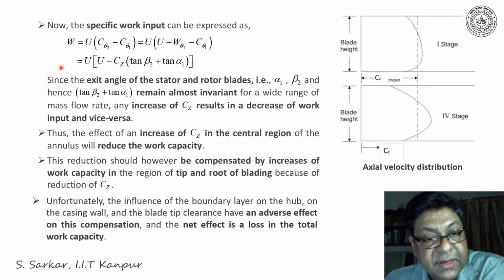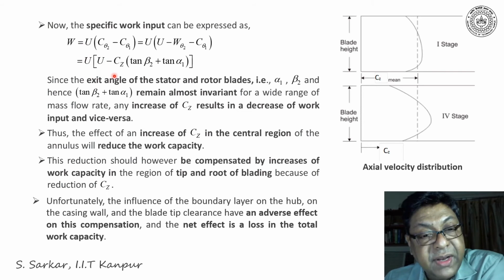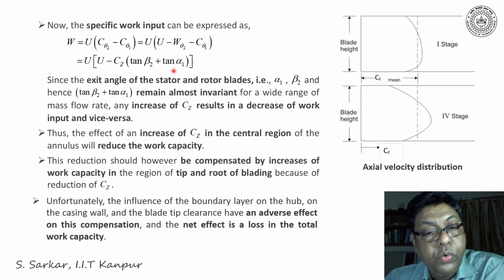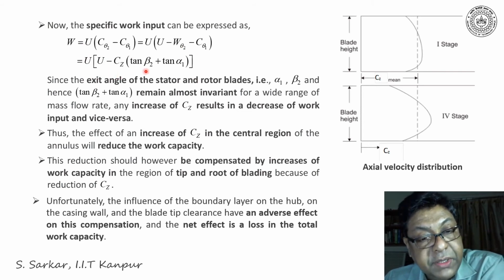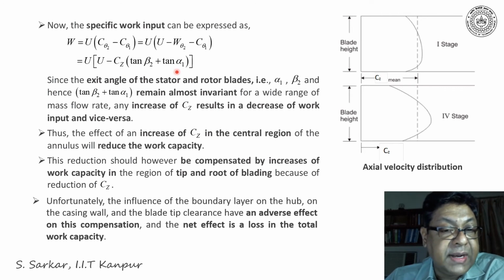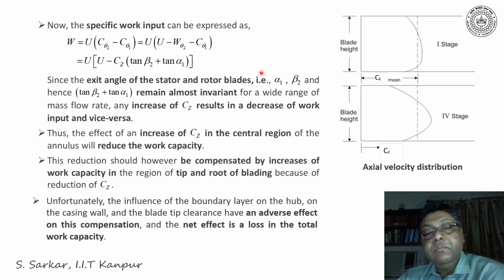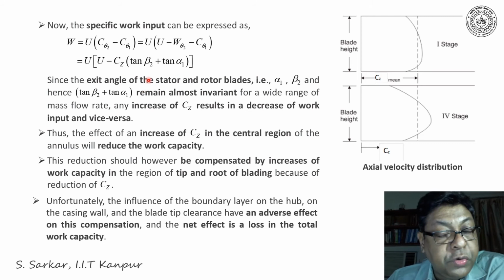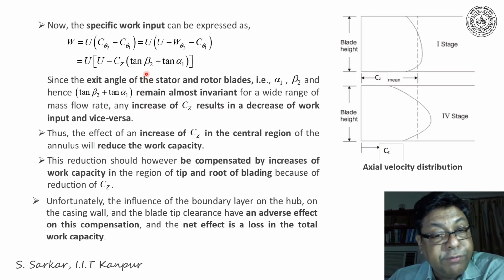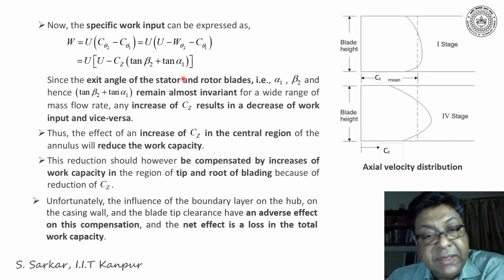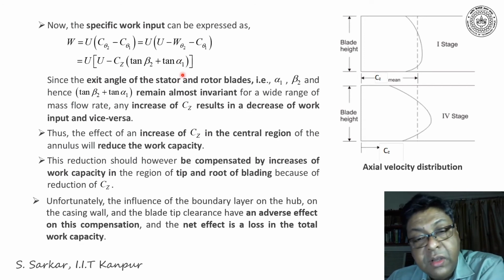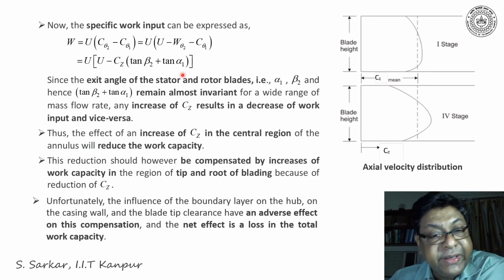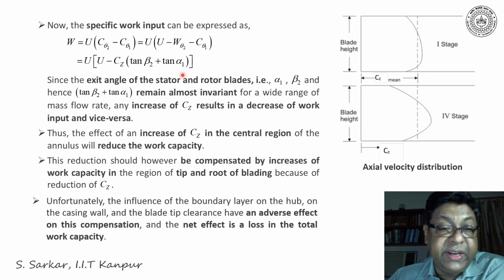Thus I can write W is equal to U within the bracket U minus Cz within bracket tan β2 plus tan α1, where tan β2 would be the exit flow angle from the rotor and tan α1 will be the exit flow angle from the stator.